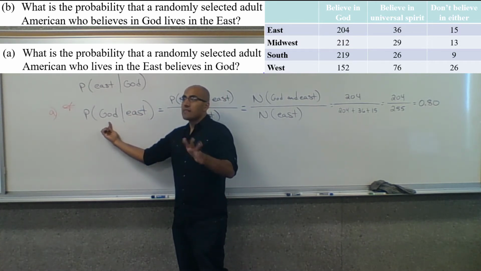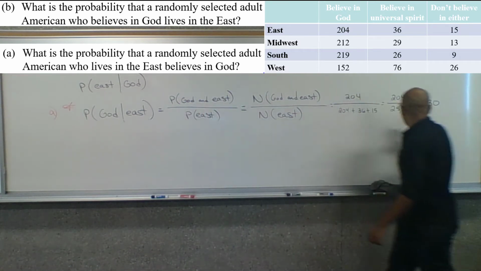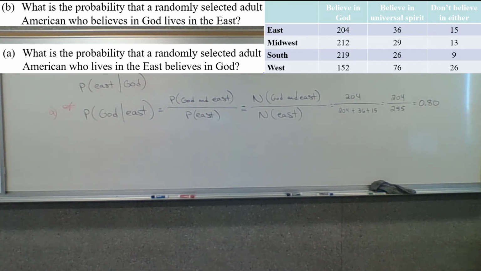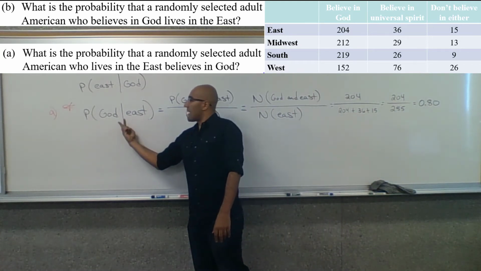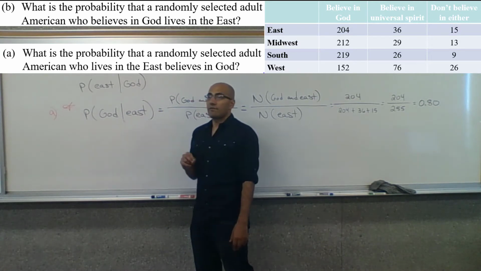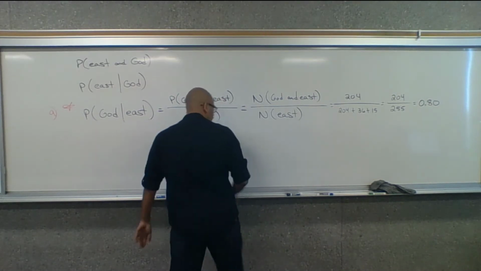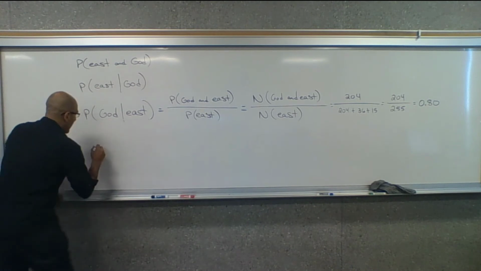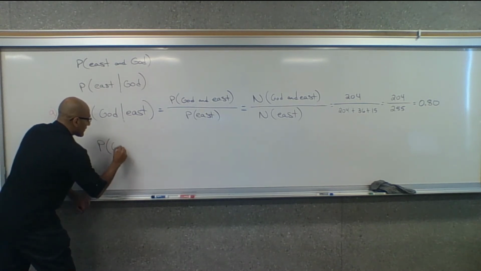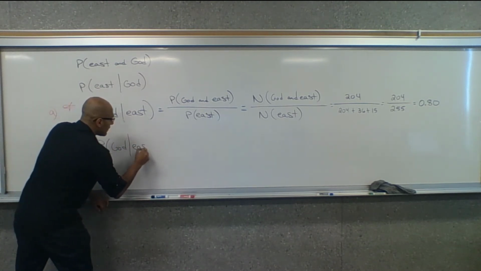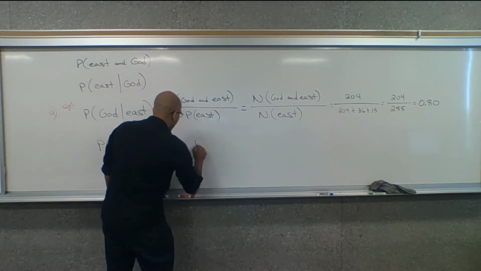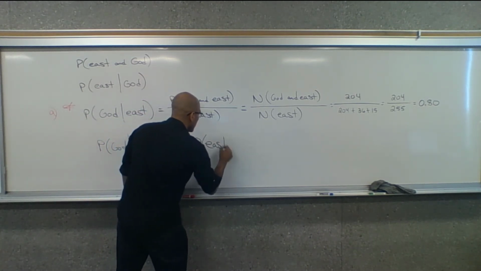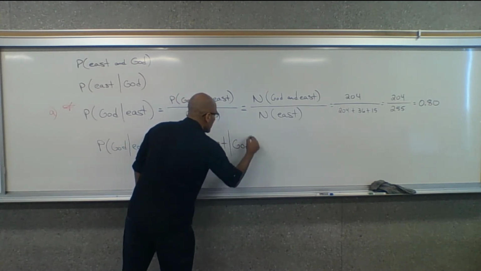That's a slightly different thing, and we saw that in that case, it was 80%. So in this particular situation, you notice that flipping them did not give us the same answer. The probability of God given East Coast does not equal the probability of East given God.